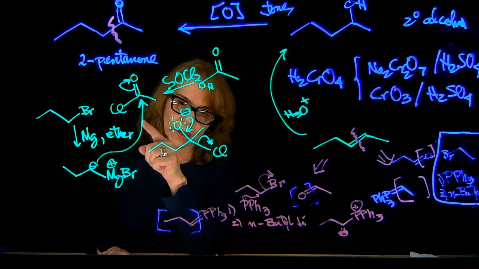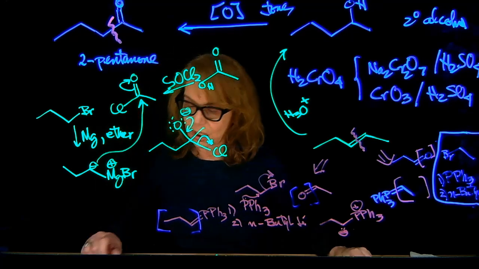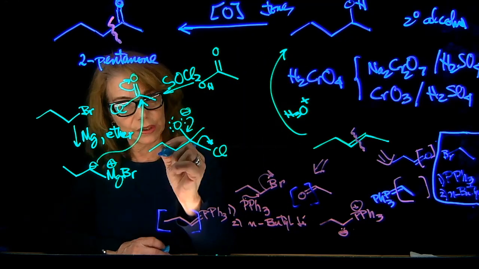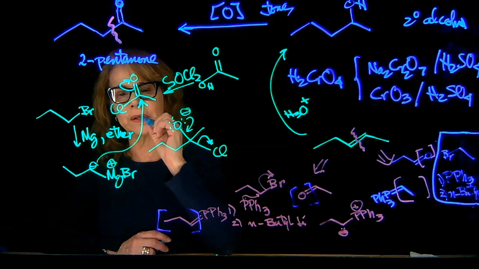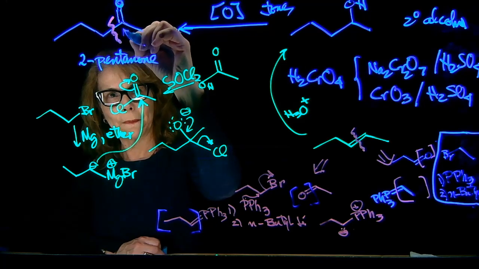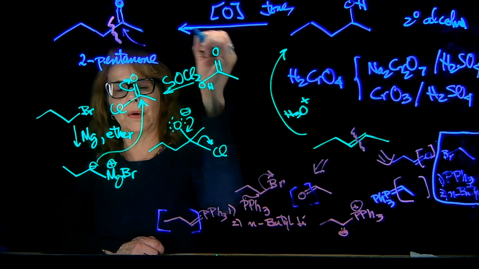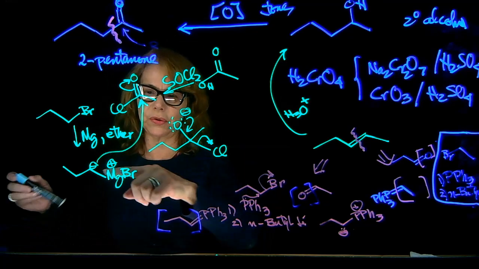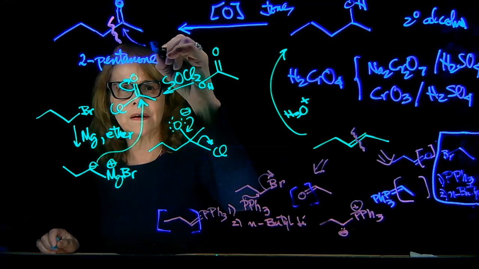But a better way to do this is actually not using Grignard. So Grignard is not that good again because Grignards can attack here. And then you will not get your product. So if I did that, let's say here R negative, and you know that the R is all that.